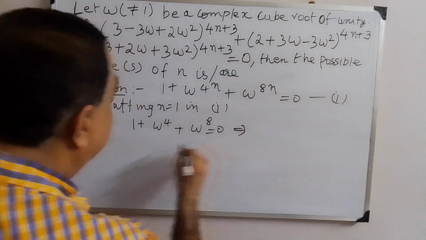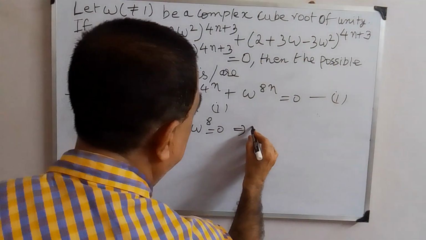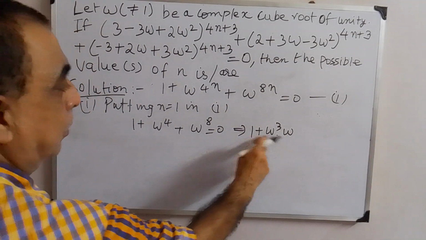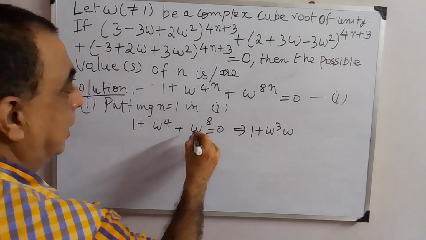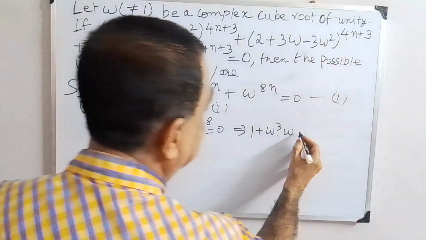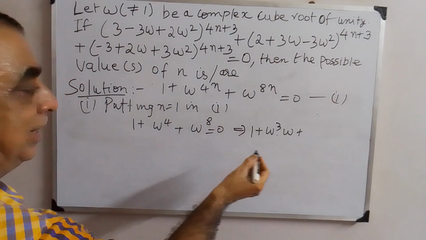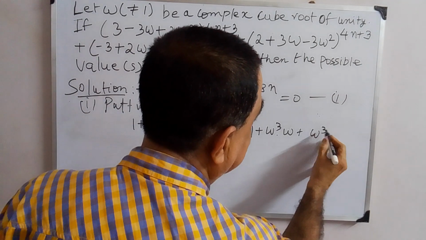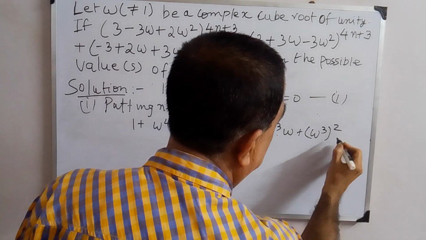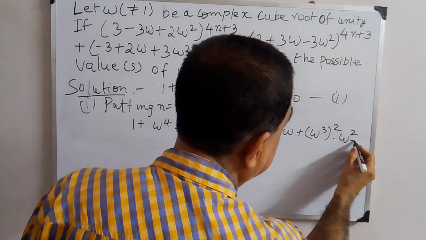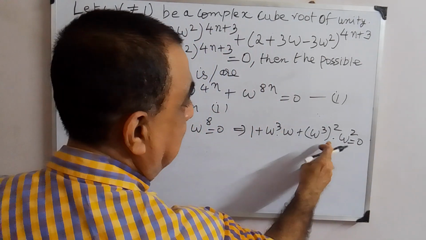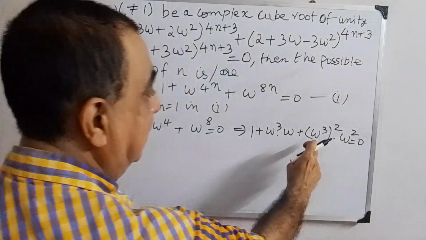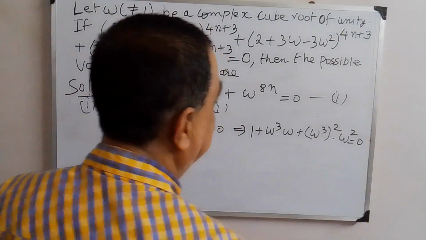Now I can write omega to the power 4 as omega cube into omega, because the bases are the same, the powers will be added up. Similarly, I am writing omega to the power 8 as omega cube whole squared into omega squared, and when the bases are equal, powers will be added up, so here I will get omega to the power 8.